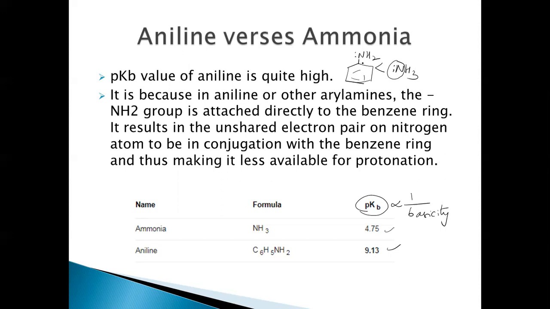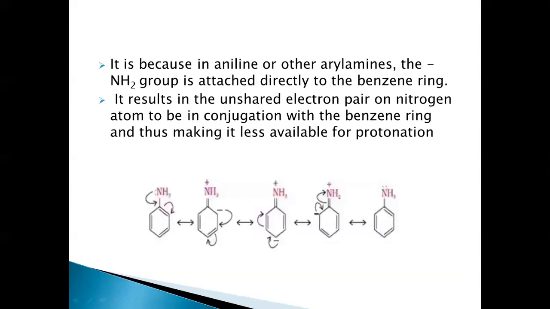But if you look at this lone pair of electrons on nitrogen, it is in conjugation with the ring. That means the lone pair of electrons on the nitrogen is donated into the ring. From the pKb values, it's clear that ammonia is more basic than aniline, and let's see how this can be explained.